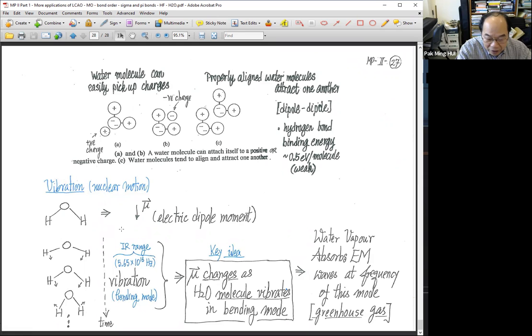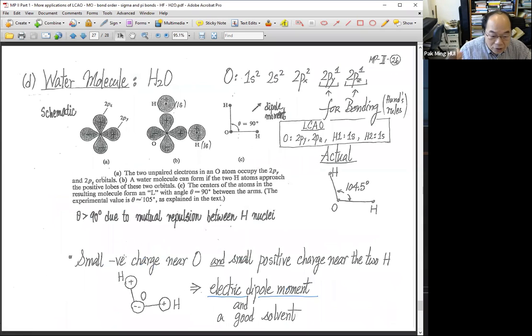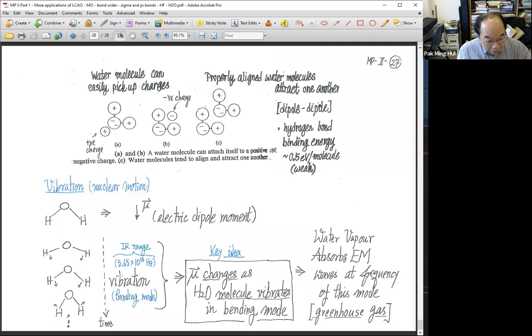Now, the interesting thing is that the water molecule, due to slightly negative, slightly positive here, so the net positive center of mass is here. Therefore, there is an electric dipole moment in the water molecule. As this vibration goes on, this electric dipole moment is changing.